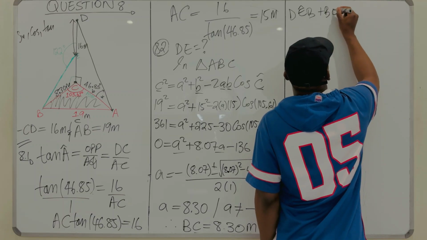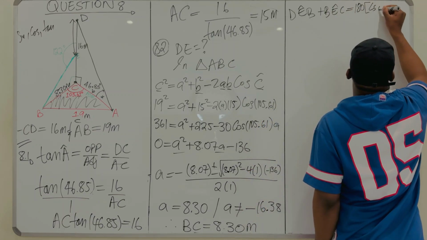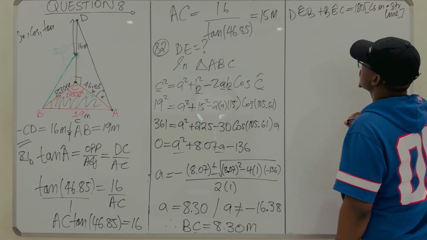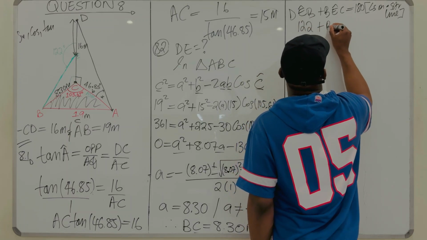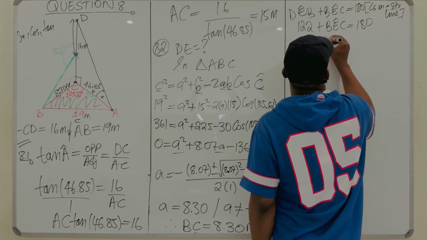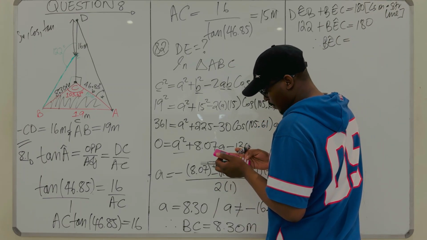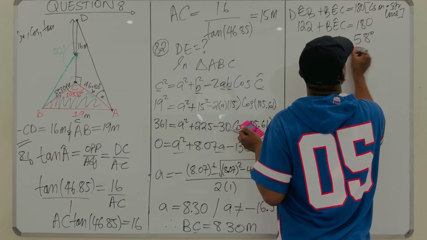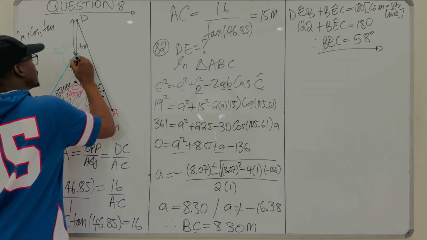DEB plus BEC is equal to 180 degrees. These are angles on a straight line. Your DEB is 122, plus BEC is 180 degrees. Therefore, your BEC is 180 minus 122 degrees, which is 58 degrees. So we know this inside angle over here is 58.